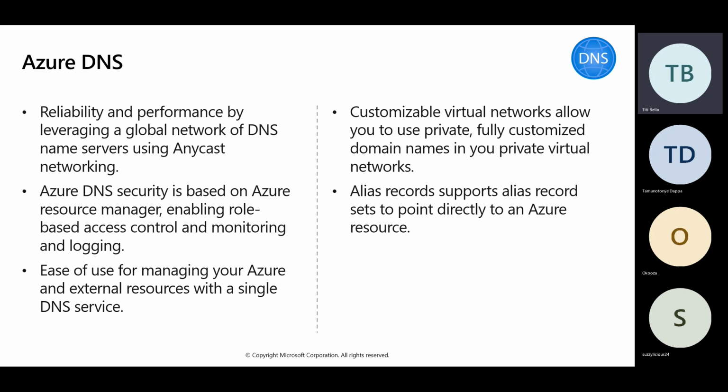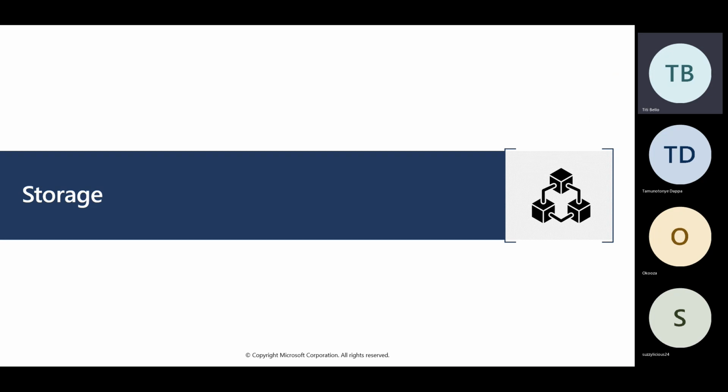And you can create a mail record, which is called an MX record. That's what allows your email, or people on the internet, to know where to locate your email. So each of these records, you are tying them to a public name or to public IP addresses. That is what Azure DNS does for you.